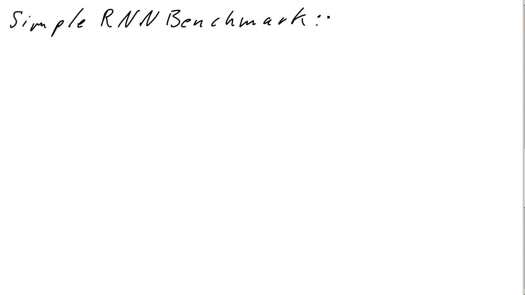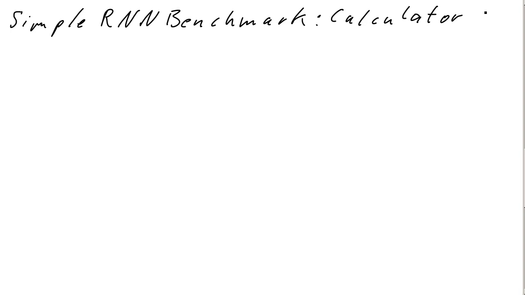Hello, in this video I will show you a simple benchmark for recurrent neuronal networks. The benchmark is a calculator. As a first step, we try to use very simple calculations: only one-figure operations with a one-figure result.